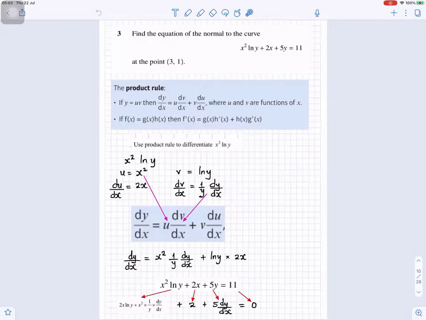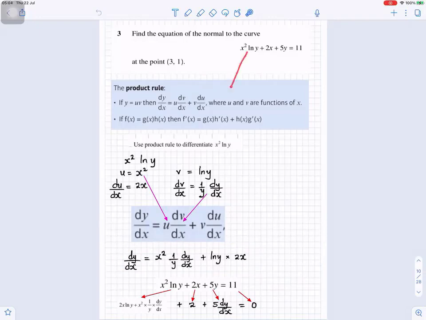You put them together in the product rule. You get x squared times 1 over y dy over dx plus v times 2x. Now that's what we have dy over dx to be. So let's do the differential.